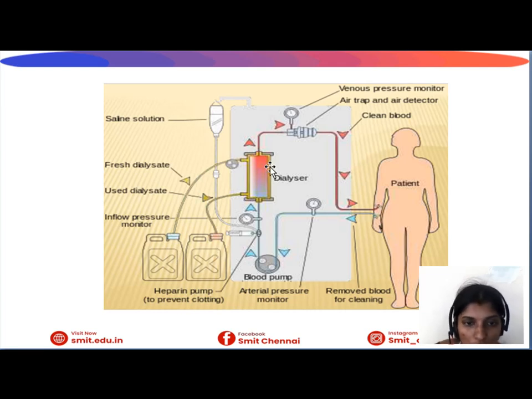One is for fresh dialysate and the other is for the waste products that are removed, which will be carried in the other dialysate bag. This is the pressure flow meter. This is the blood pump to pump out the blood from the patient's body, and the removed blood is for cleaning.